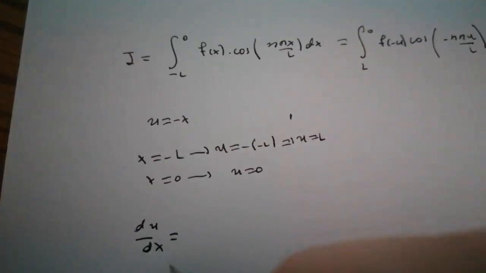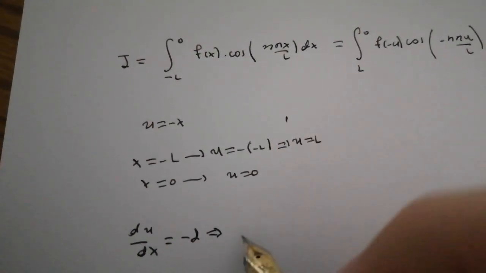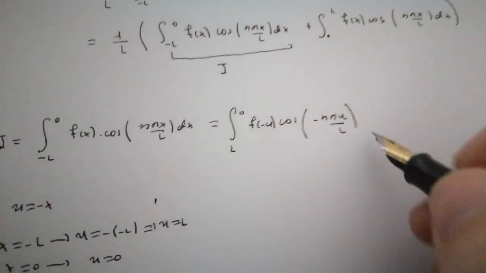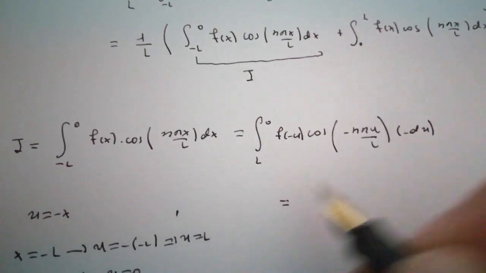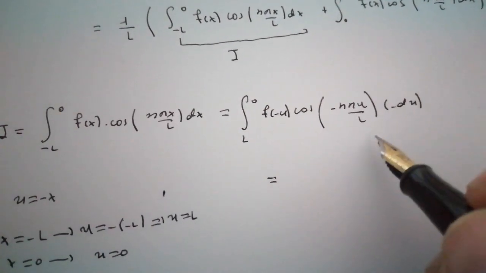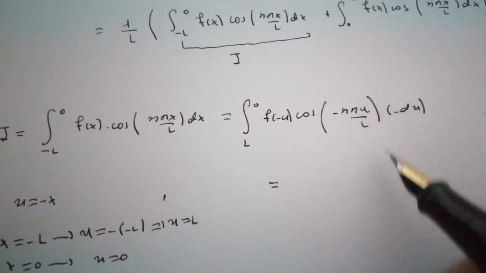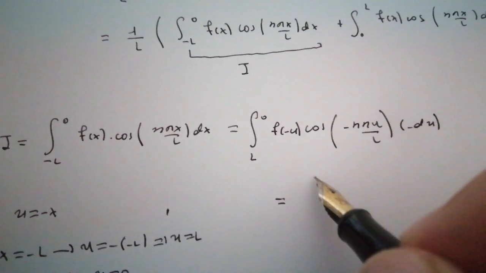The derivative of u with respect to x is minus 1, and we change the differential. We flip the limits of integration with a minus. With a minus here, we have a plus, so this minus sign is killed.